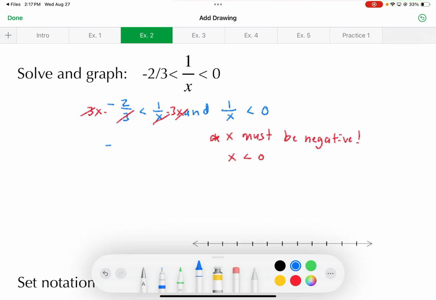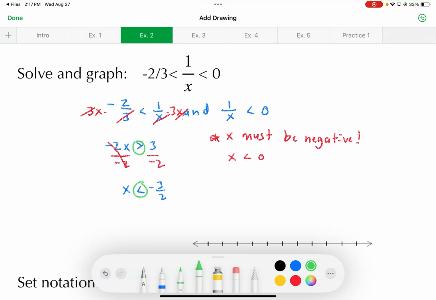You're going to be left with negative 2x is greater than 3. And we got to divide by a negative again, right? So we actually got to flip it back. So we flipped the first time when we multiplied by 3x, since it represents a negative, and then we flipped again when we divided by the negative 2 here.